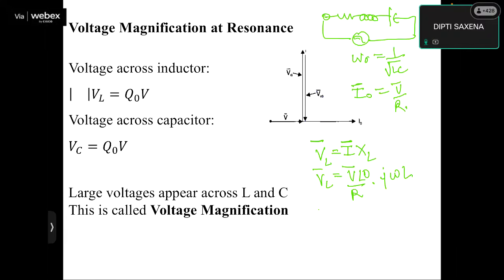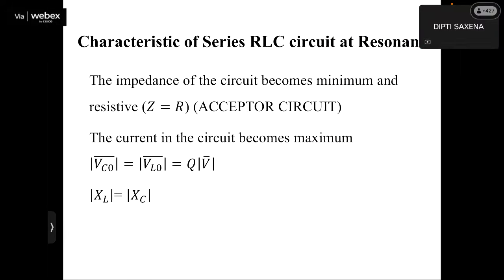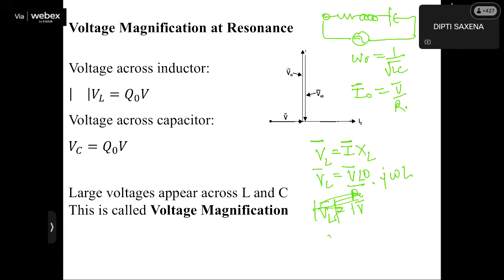So let us take the magnitude. VL phasor can be written like this: the magnitude of V into omega L upon R, angle 90 degrees.